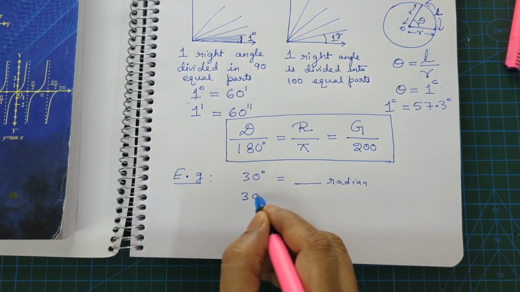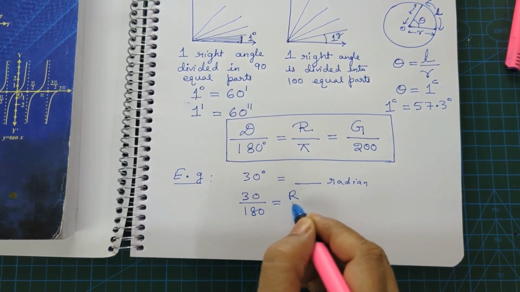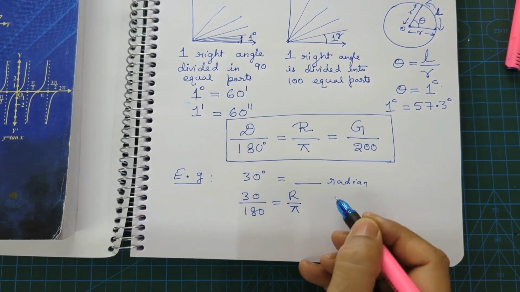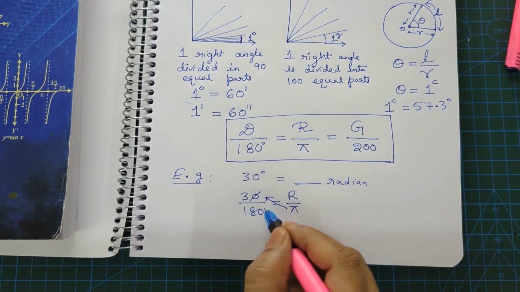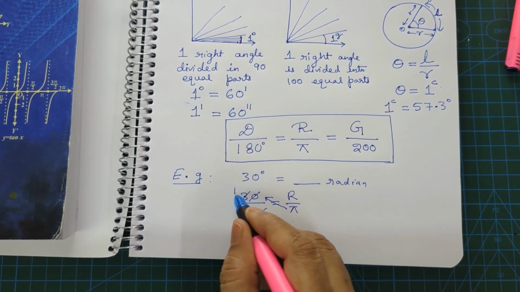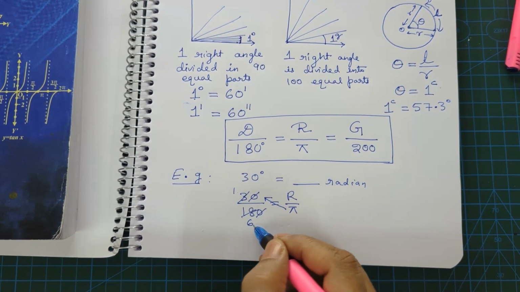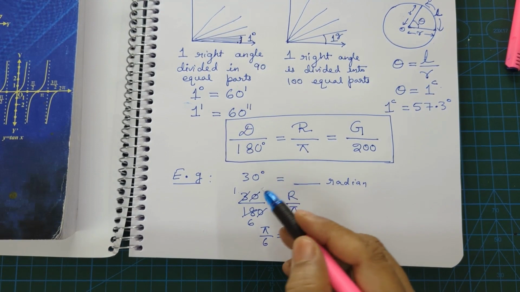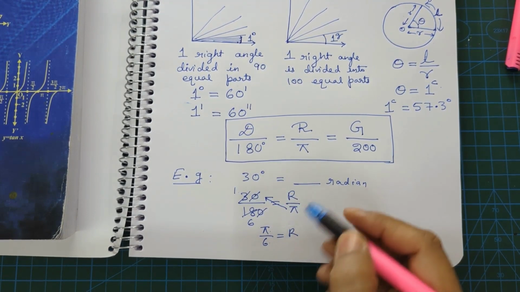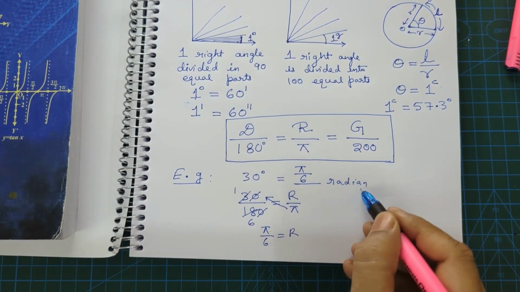So 30 by 180 is radian by pi. Then we go for a simple cross multiplication. The 0 cancels, 3 ones are 3, 3 sixes are 18. Pi into 1 is pi, so pi by 6. So in terms of radians, 30 degrees is pi by 6 radians.